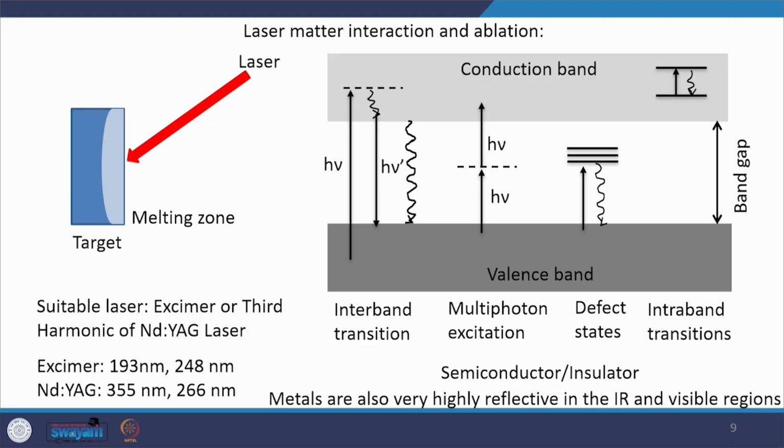There can be other cases also. Sometimes even an IR laser like 1064 nanometer can be useful for pulsed laser deposition of thin films when you have some defect states. If you have a defect state between the valence band and the conduction band, the laser can be absorbed by the electrons, which go to the defect state and then de-excite to the valence band.